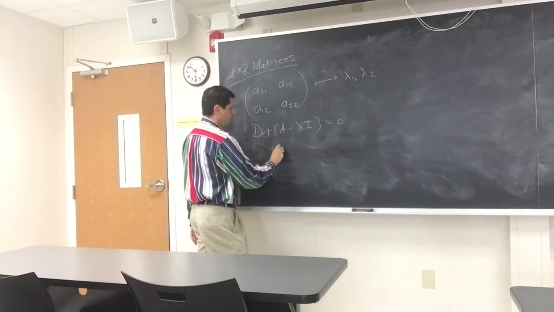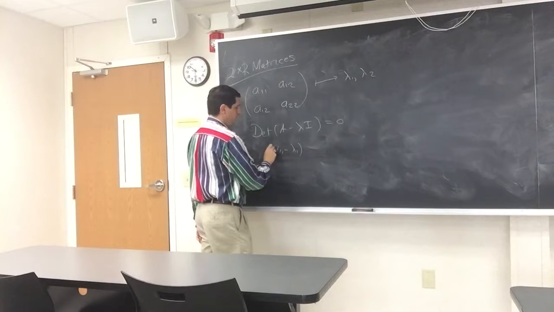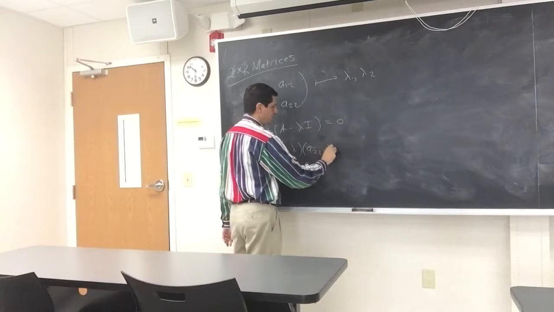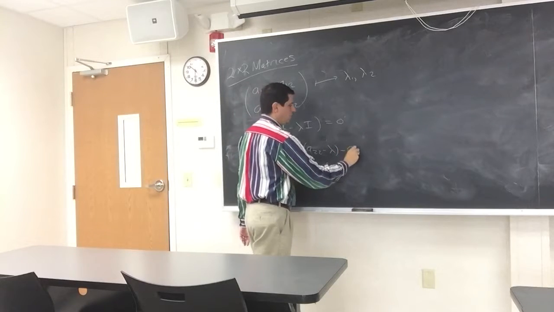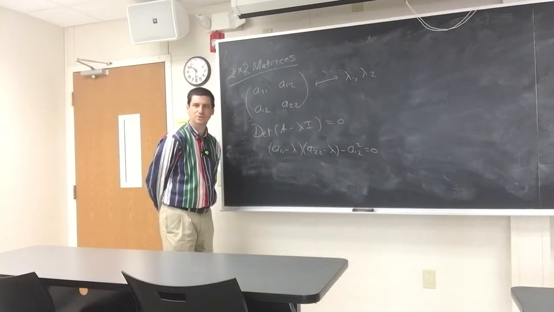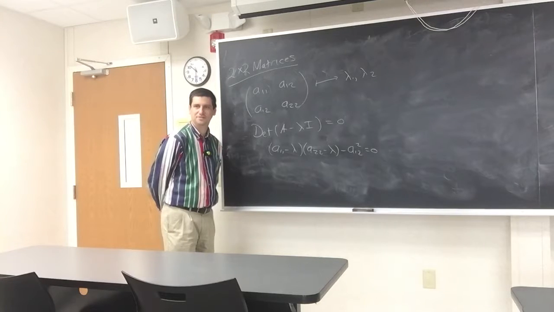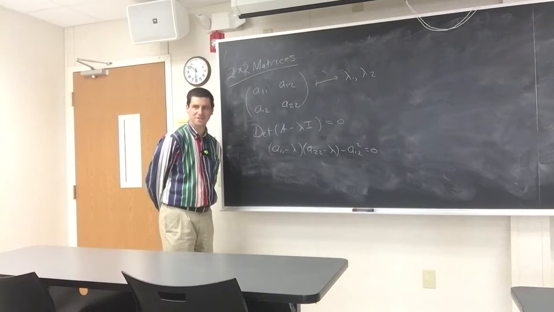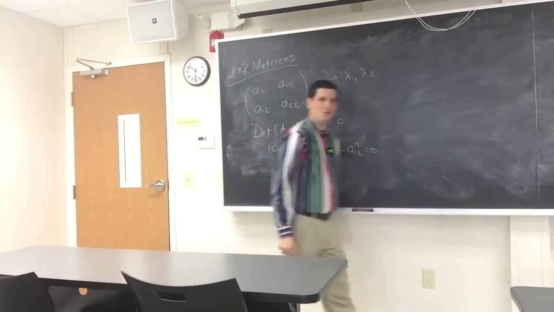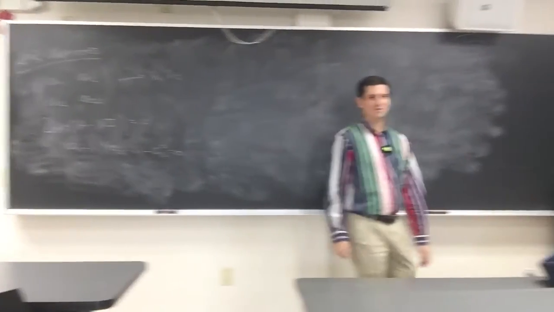So we get (A11 minus lambda)(A22 minus lambda) minus A12 squared equals 0. Now what do we do? It's a little bit harder than the 1 by 1 case. Just use the quadratic formula.